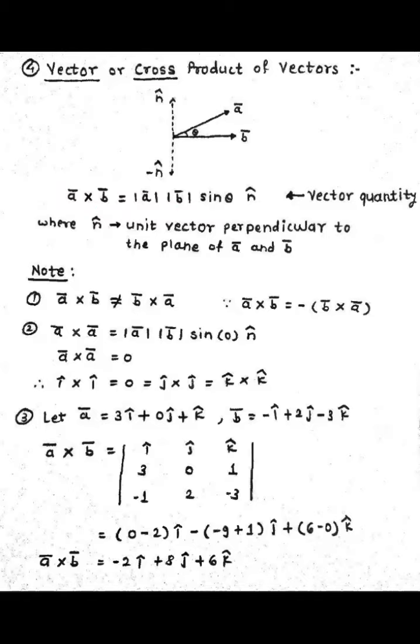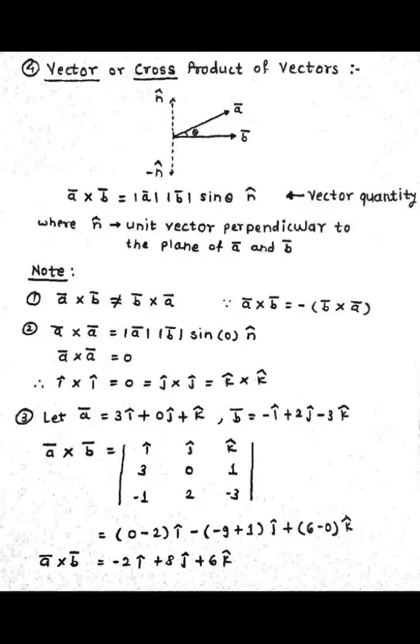Now come to the notes of this vector product. First, a bar cross b bar is not equal to b bar cross a bar. That is, the cross product does not satisfy the commutative law. So remember, if we rotate two vectors in an anticlockwise sense, then they show the direction of plus n cap.